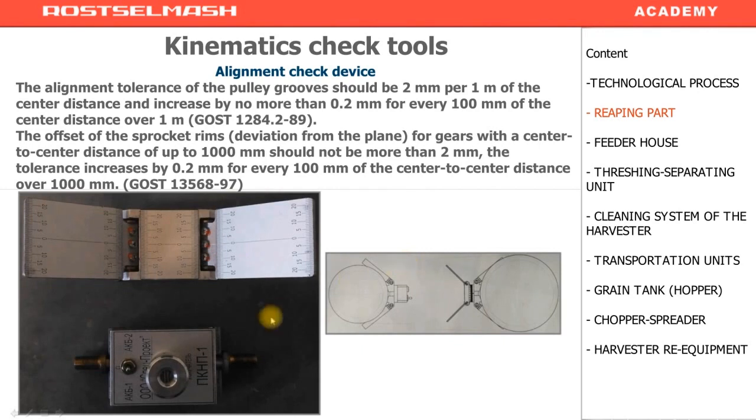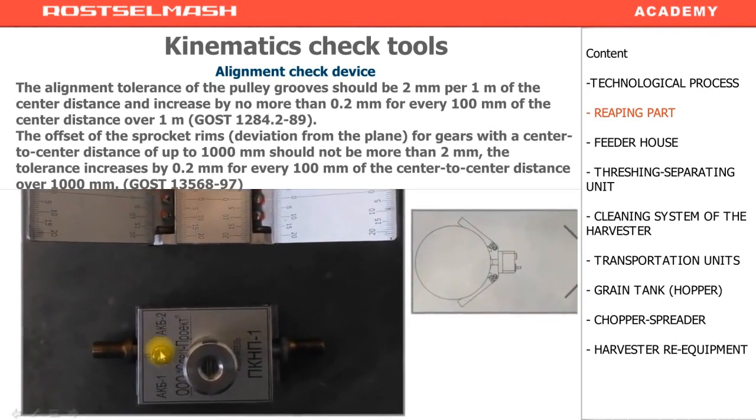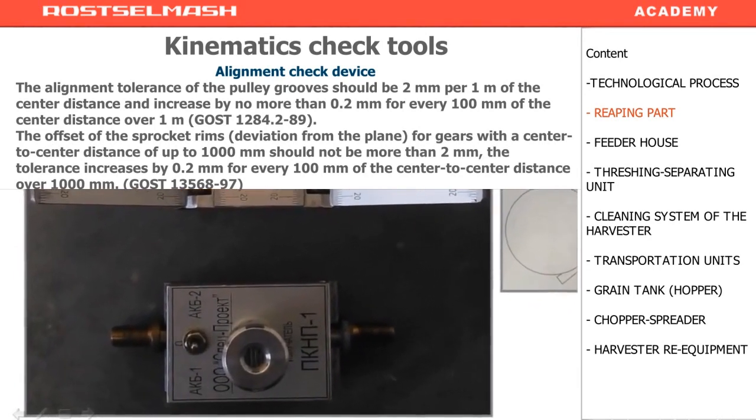To use this device, place the magnet parts on the transmitter and receiver. Then install them on the pulleys as shown on the figure. Then switch on the laser. And then on the scale, you will see a line.